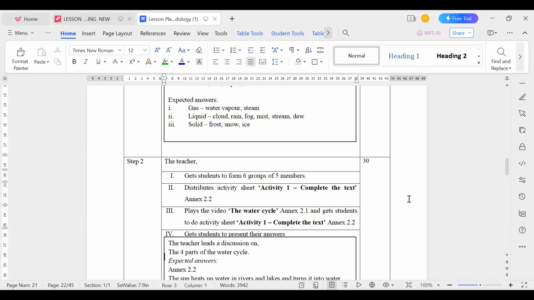Anyway, exploration activities are group activities, because they have to actually discover knowledge.